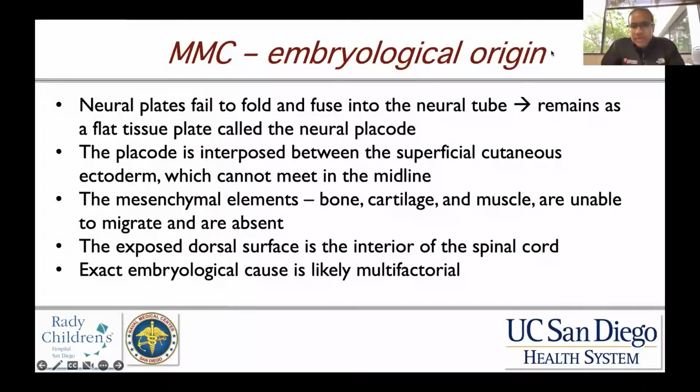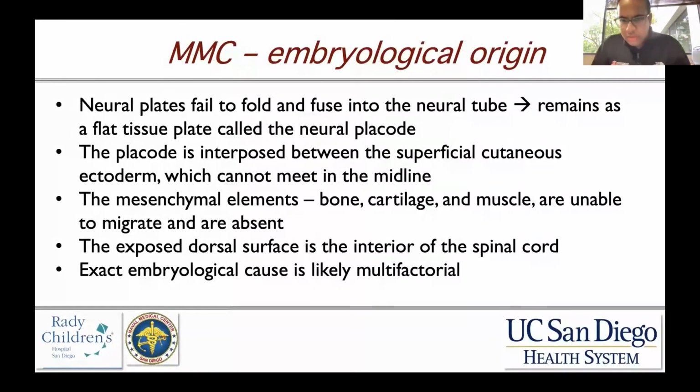When we talk about the embryological origin of this, speaking in generalities, the neural plate fails to fold and fuse into the neural tube, and it remains as a flat tissue plate called the neural placode. The placode is interposed between the superficial cutaneous ectoderm, which can't meet in the midline, and the mesenchymal elements, which typically act as a barrier and protectant both structurally and physically, and are not present.